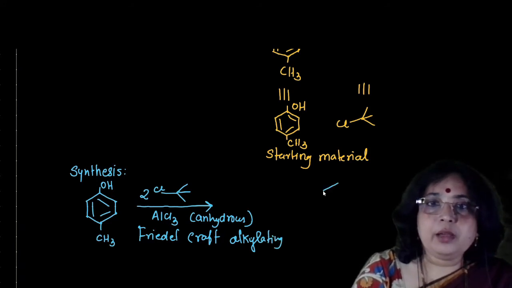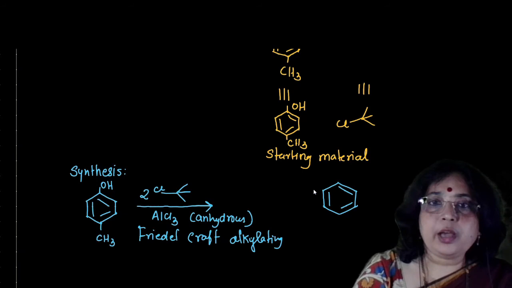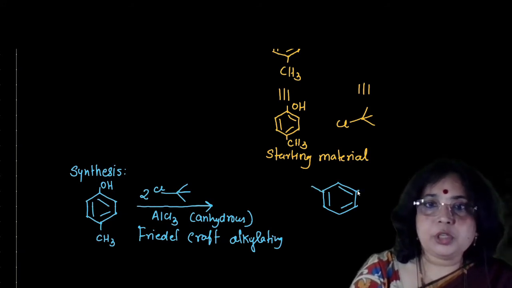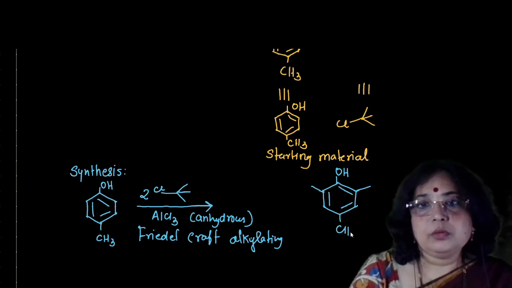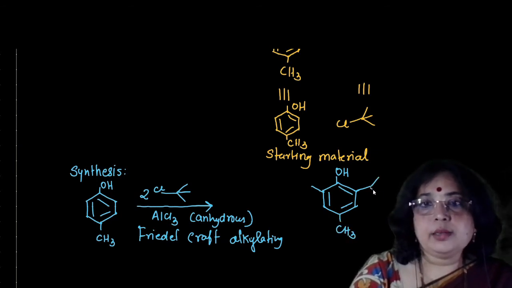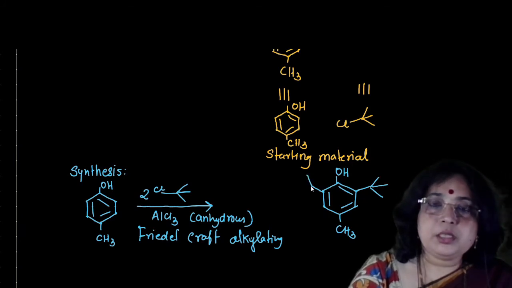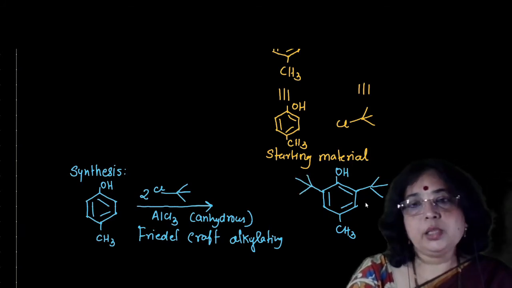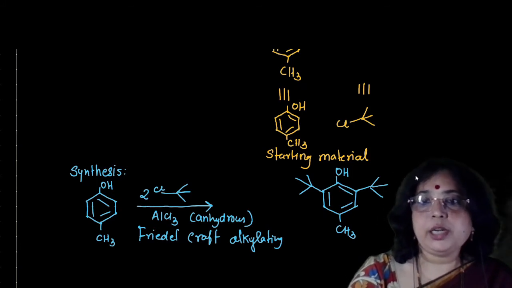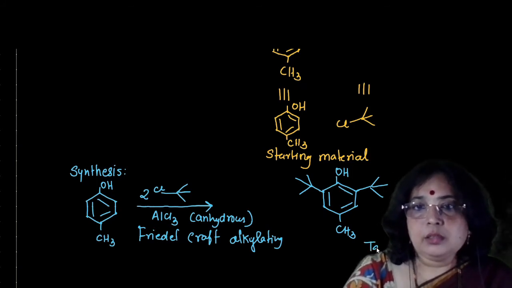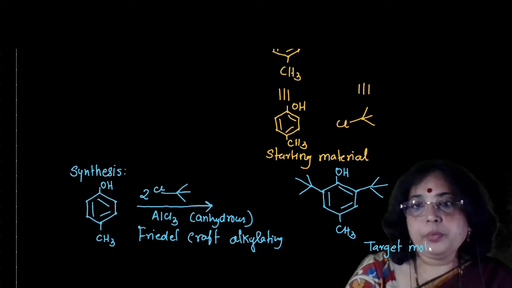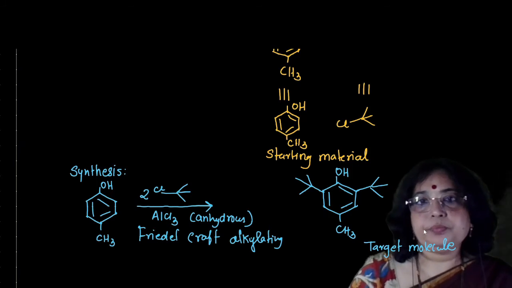Now for all Friedel-Crafts alkylation and acylation, the reaction is an aromatic electrophilic substitution reaction. The mechanism of Friedel-Crafts reaction you have already done in your MSc part 1, that is an aromatic substitution reaction. So this is your target molecule obtained after alkylation.